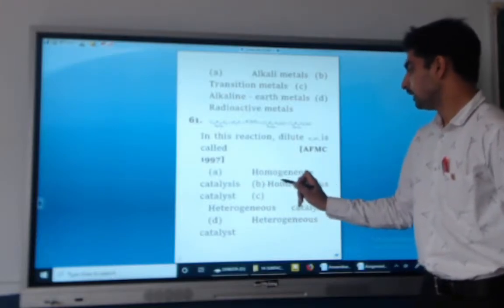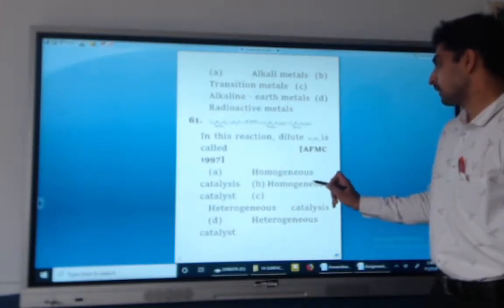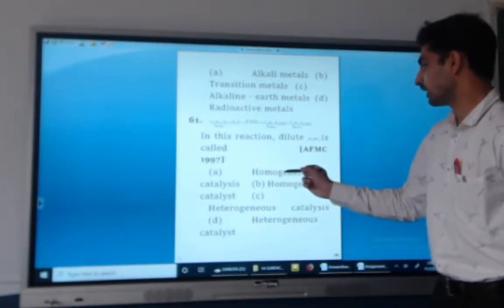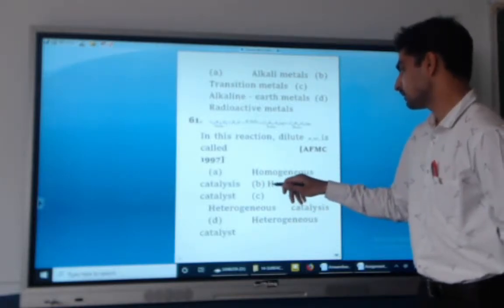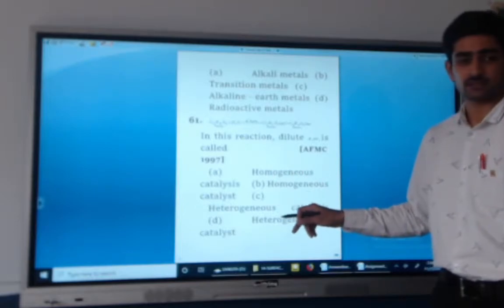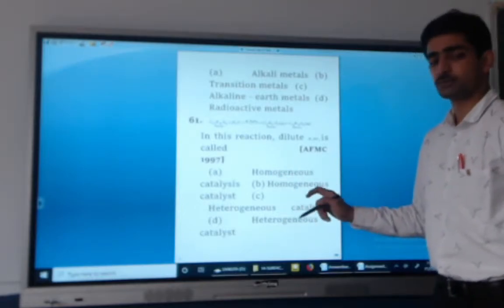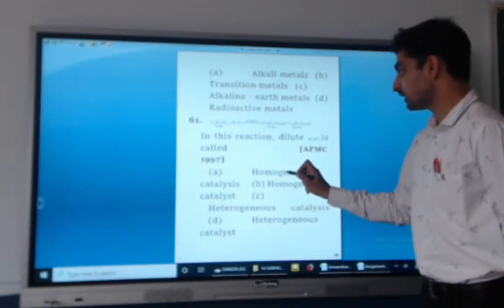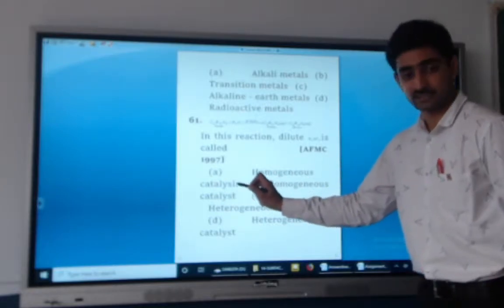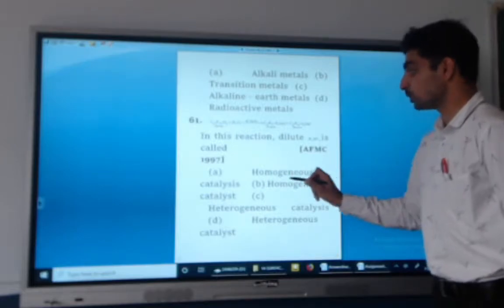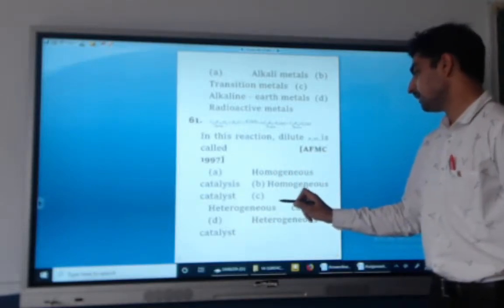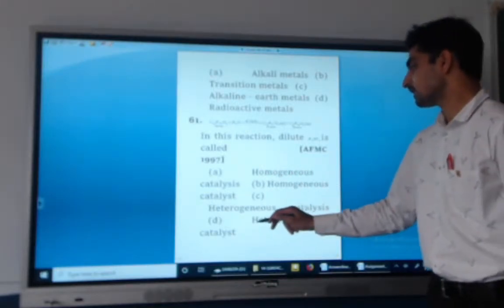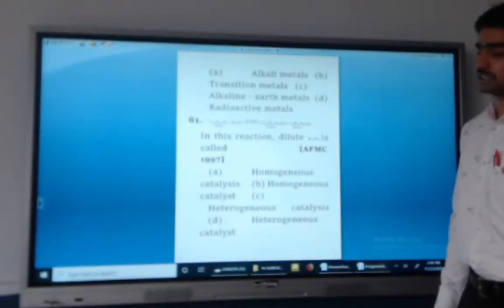Option B, homogeneous catalyst. Option C, heterogeneous catalysis, and D, heterogeneous catalyst.